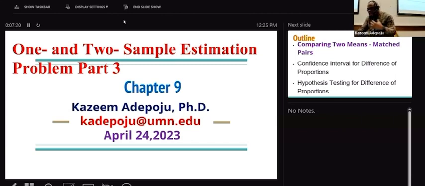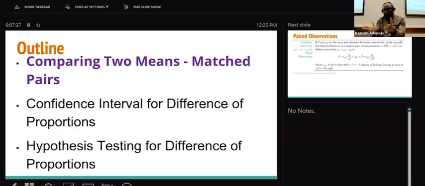Okay, I want to welcome you to another exciting statistical topic. We started this chapter 9 last week on one and two sample estimation problems. I'm going to call that part 3. In the outline, I'm going to walk you through how we compare two means that are matched pairs, which was left undone in the lecture material last week.